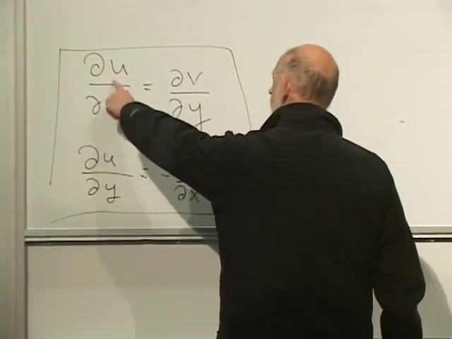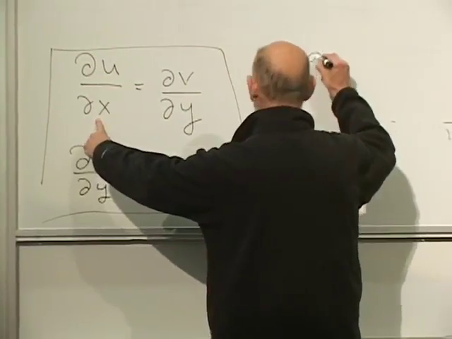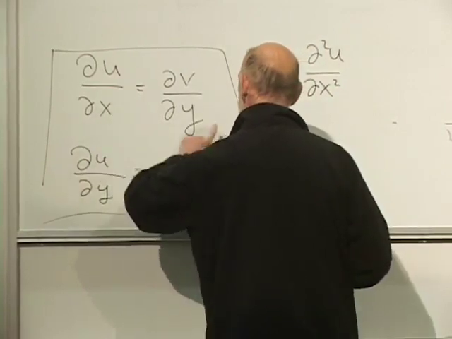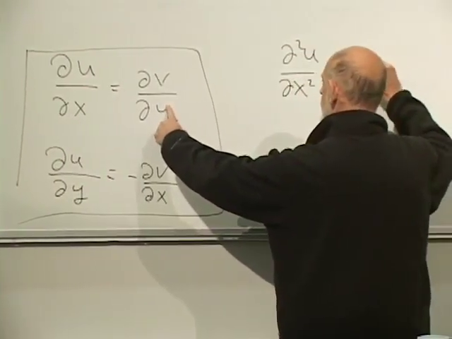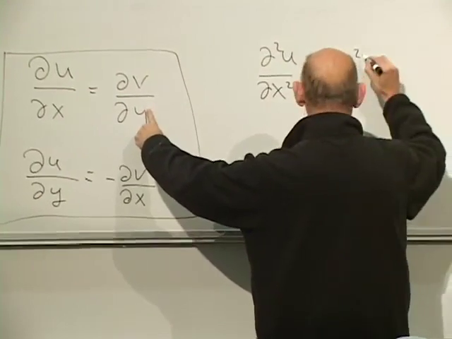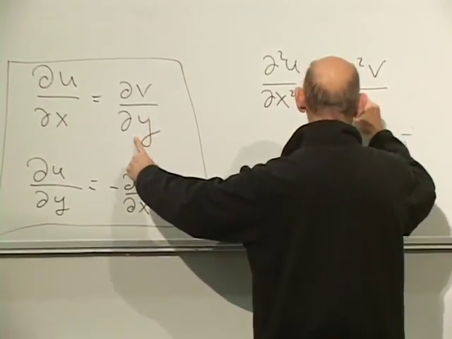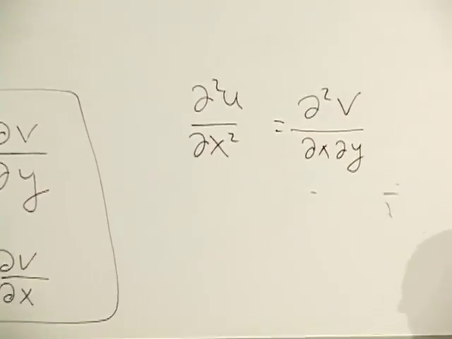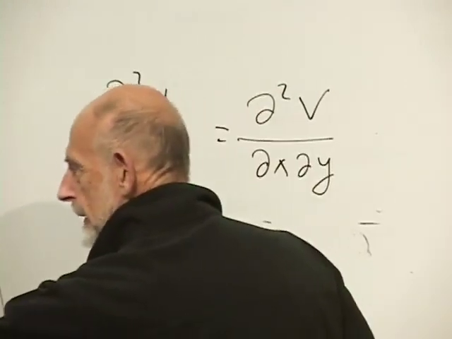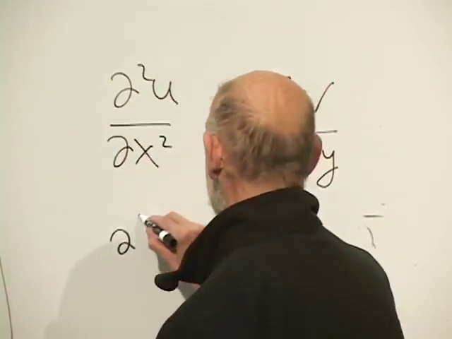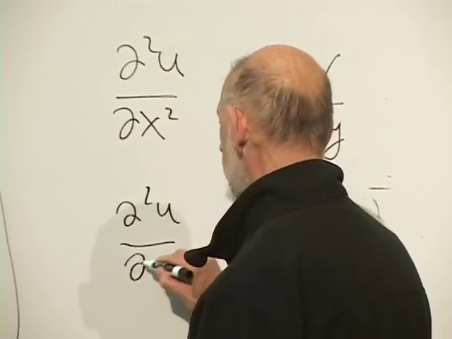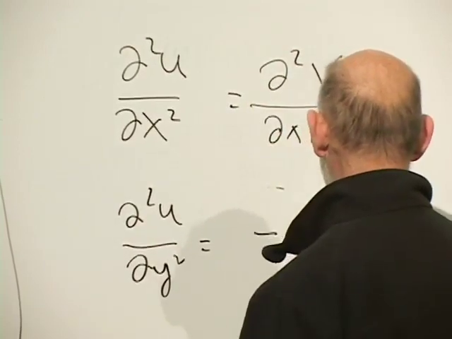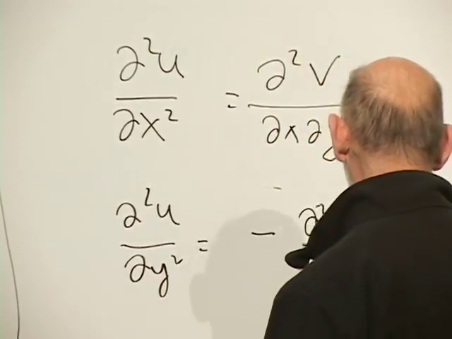Let's differentiate this equation with respect to x. That gives us the second partial derivative of u with respect to x, and that's equal to the second derivative of v with respect to x and y, the mixed partial derivative. Let's differentiate this one with respect to y. That's d second u by dy squared, and that's equal to minus d second v by dx dy.